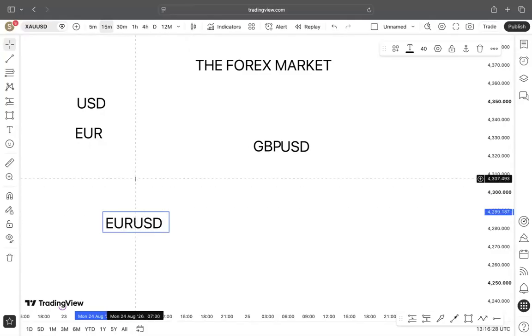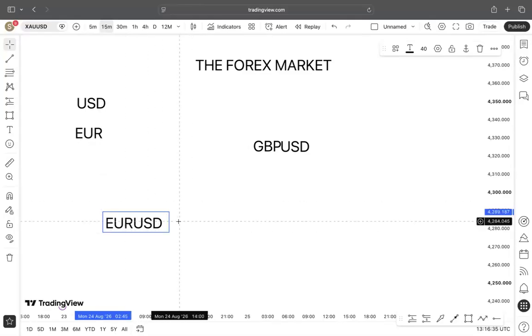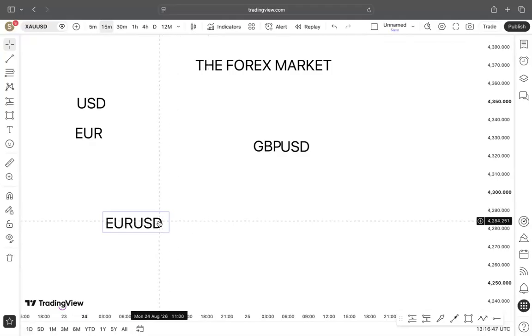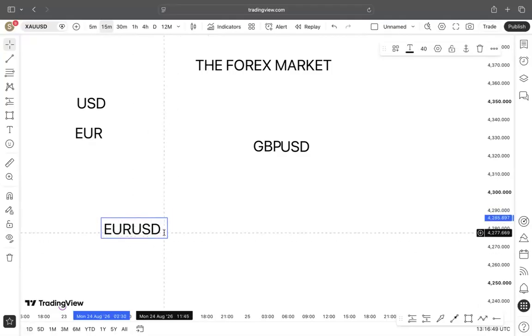If you are selling this pair, you are selling the euro and buying the USD. Like I said, every transaction involves the simultaneous buying of one currency and selling of the other.